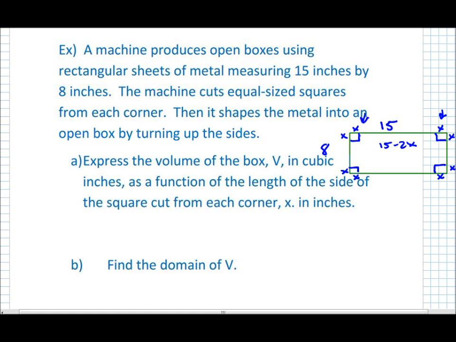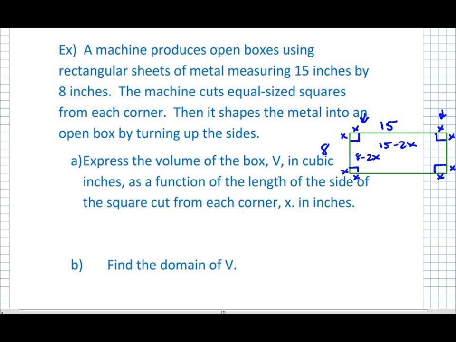So if you take away this corner, you have 15 minus 2x. And on this side you would have 8 minus 2x. Because remember, this is going to be a three-dimensional figure. So you're taking a rectangle, you're cutting out the little squares, and then you're going to fold it up to make a box.